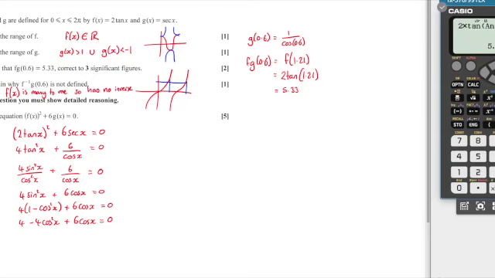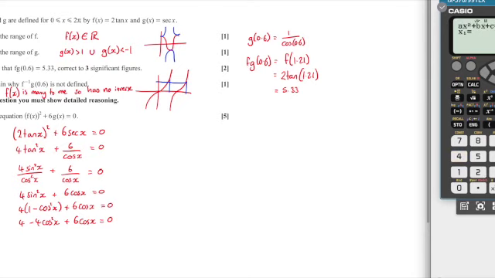It says detailed reasoning. What that means in this situation is just don't whack it straight in the calculator, because some calculators can do that straight off. I'm not going to worry too much about the fact that I'm going to cheat and get my equation sorted for me. So my polynomial is degree 2. I've got minus 4 on my cos squared, I got 6 cos, and I got 4 on the end.